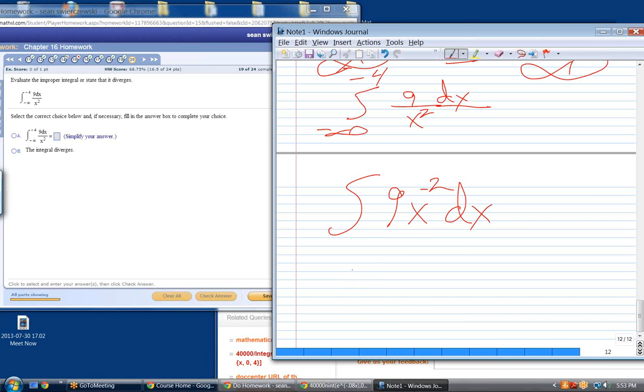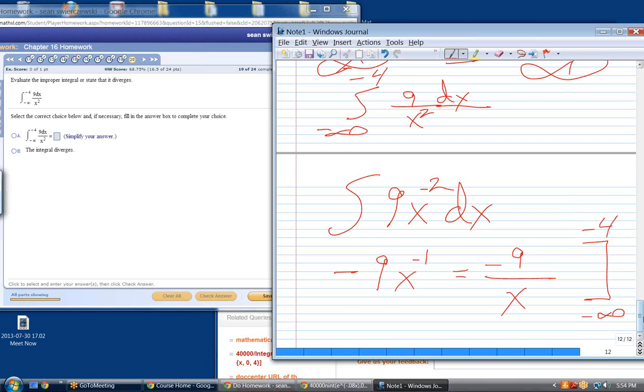9x to the minus 1 over negative 1. Okay, I always get that mixed up. Well, just always divide by your new exponent. Whatever the new exponent is, just divide by that. Okay? So it's this, and we're evaluating it from negative infinity to negative 4.